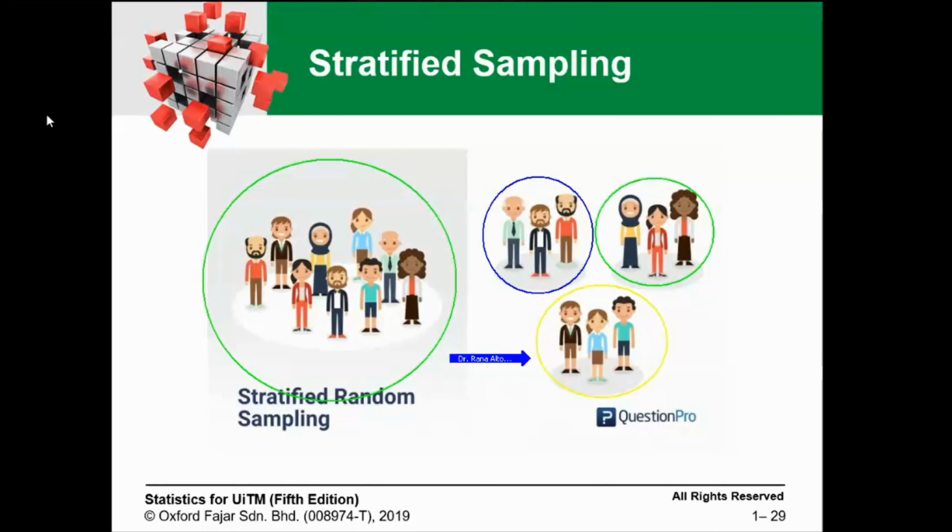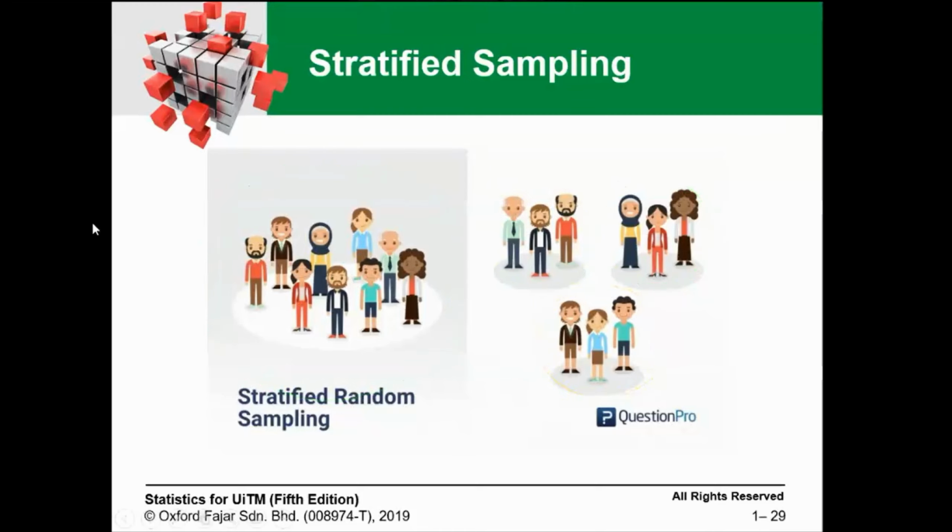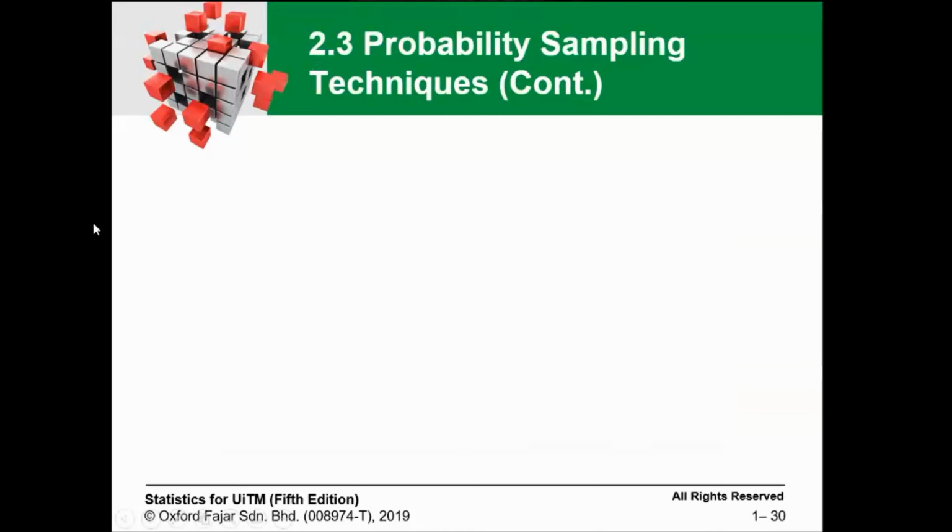If this one was 3, we need to choose a number between 1 and 3, okay? So as we mentioned, first step, you need to divide the population by the sample. Second step, you need to take a number between 1 and the number you get, which we call k.